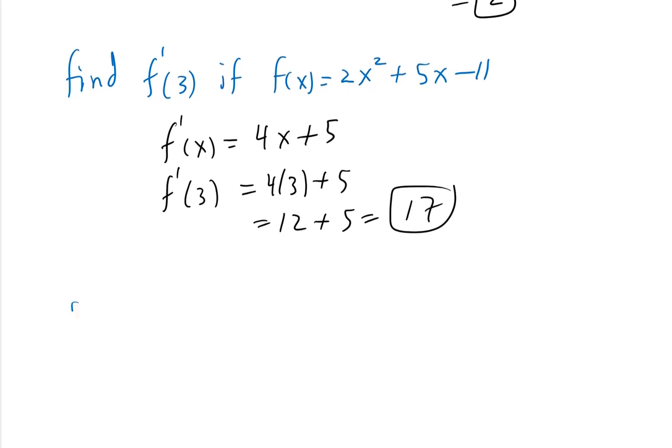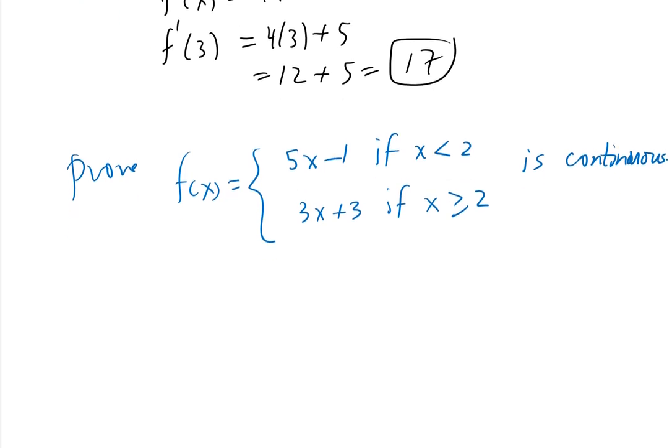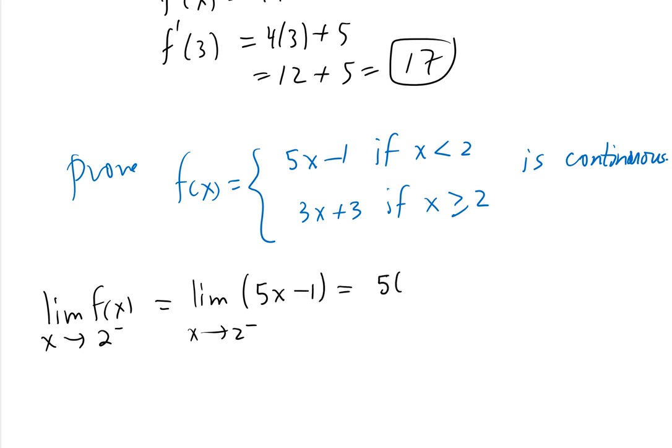Next one, prove the function f of x equals 5x minus 1 if x is less than 2, and 3x plus 3 if x is bigger or equal to 2, is continuous. So the limit of the function as x approaches 2 from the left side equals the limit of 5x minus 1: 5 times 2 minus 1, 9.